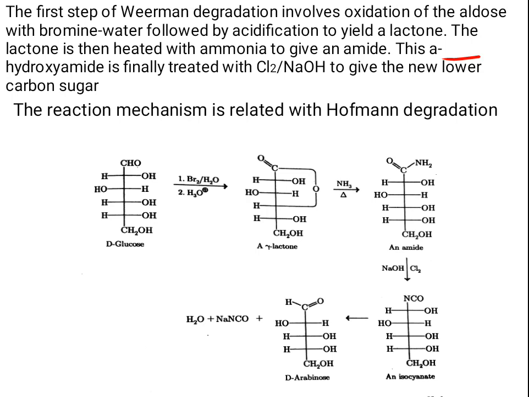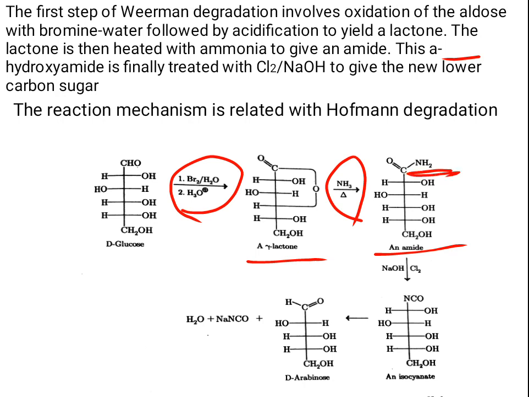The reaction mechanism is related to Hofmann degradation. So just see the reaction mechanism here. At first you are treating with bromine water and then acidifying. So you are getting a gamma lactone, and then heating with ammonia. So you are getting an amide, CONH2, and then you are treating with NaOCl, that means the NaOH plus Cl2.